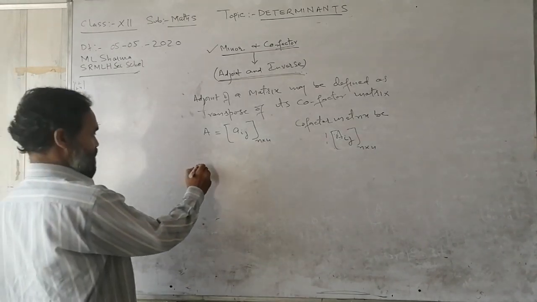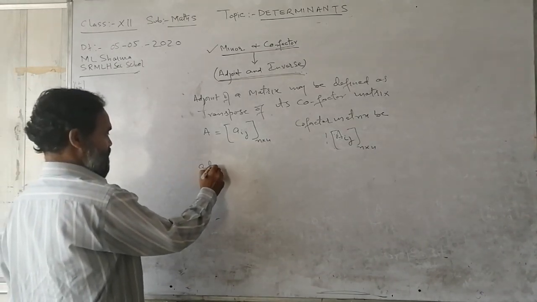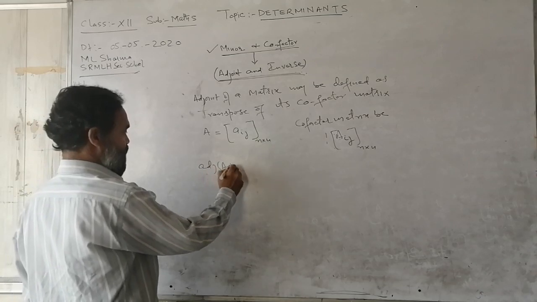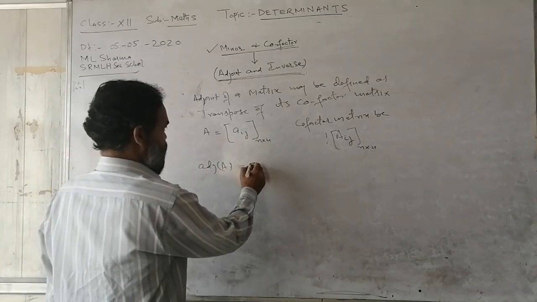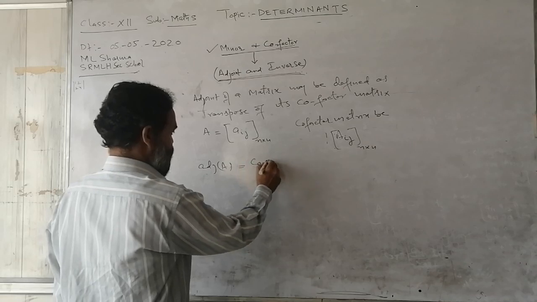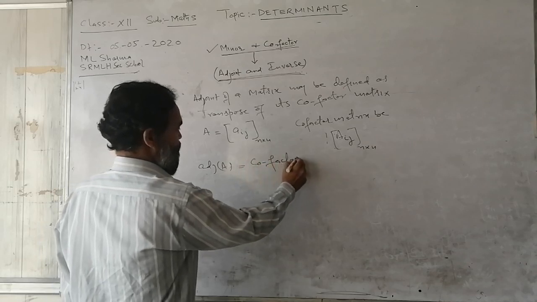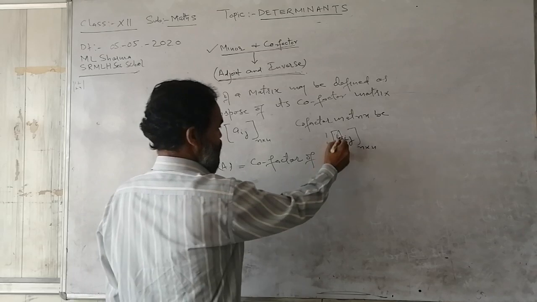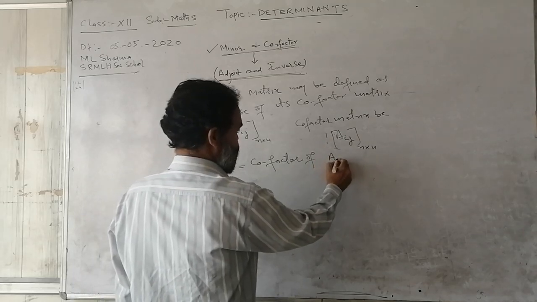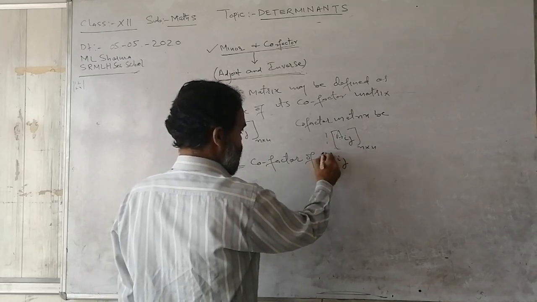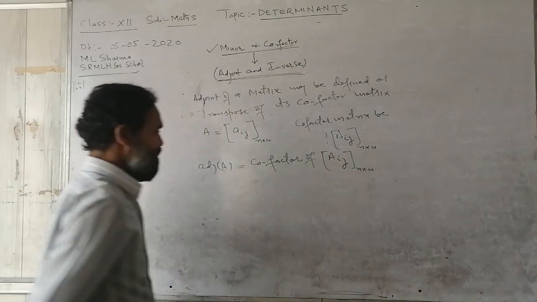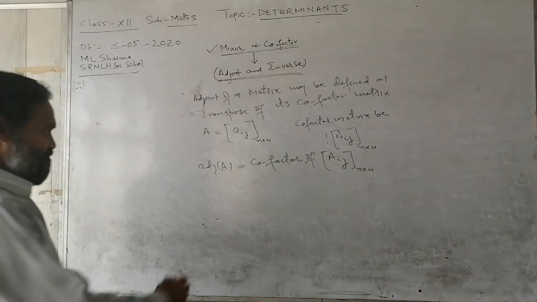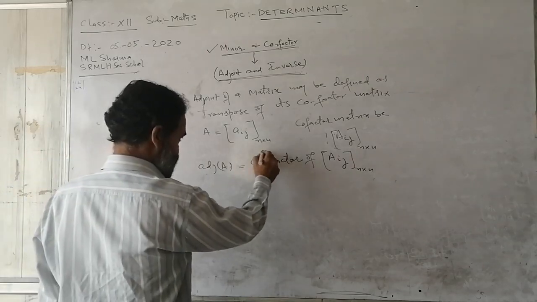So the adjoint of A, if I have to write, will equal the cofactor A_ij, and its order will be the same. So its transpose.